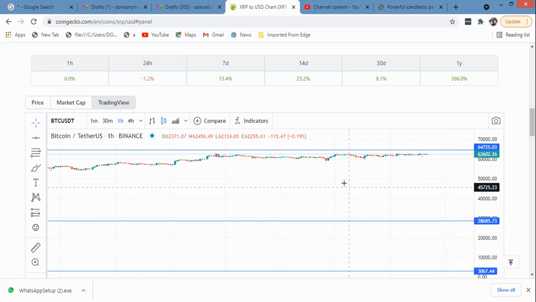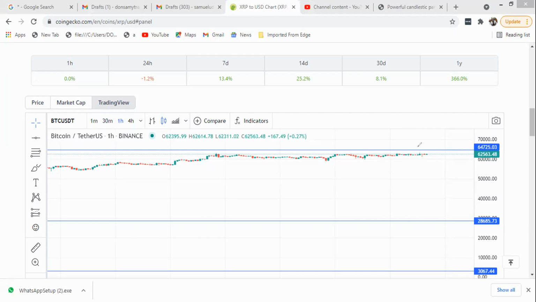What do I mean by trading emotion? You will enter a trade. As soon as you buy, for example, you want to buy this Bitcoin now. You buy at 62. Before you know it, you see market at 58.